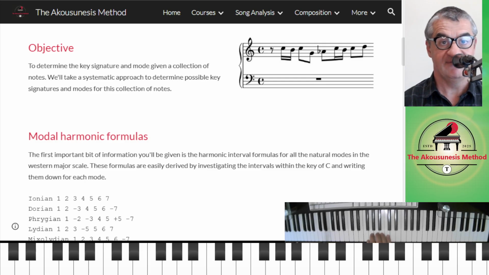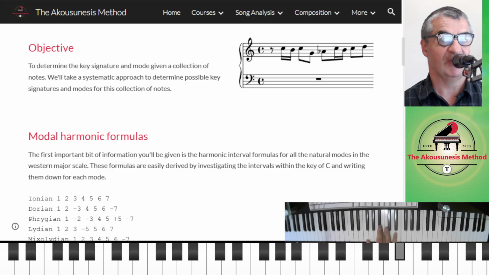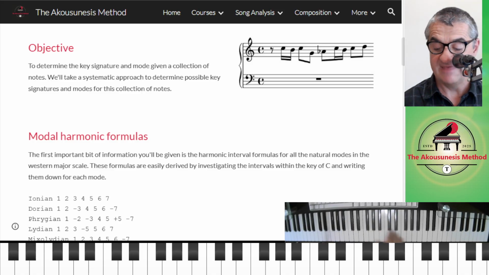In the key of F, we'll go anti-clockwise around the circle of fifths, so we've got F, okay. So B flat would be the first black note, right? And then E flat in the key of B flat will be the next black note.